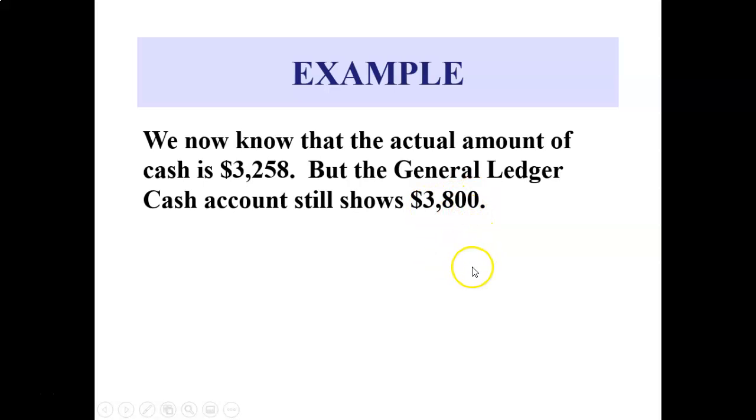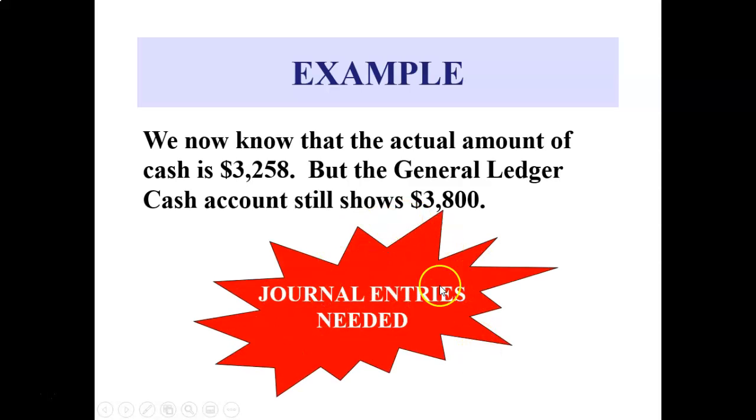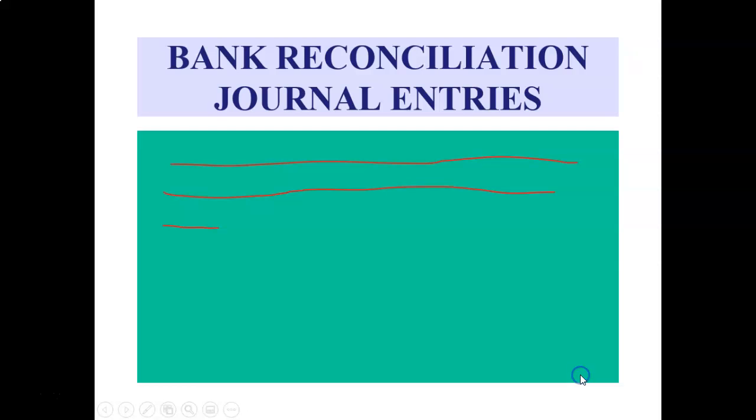So we have to put some journal entries in and then post them to the ledger, and then also go into our check register and put stuff in there until we get the $3,800 down to the $3,258 true balance. We need journal entries. That's the books.